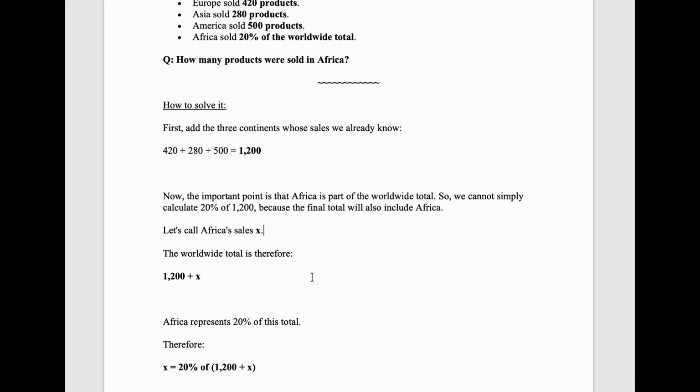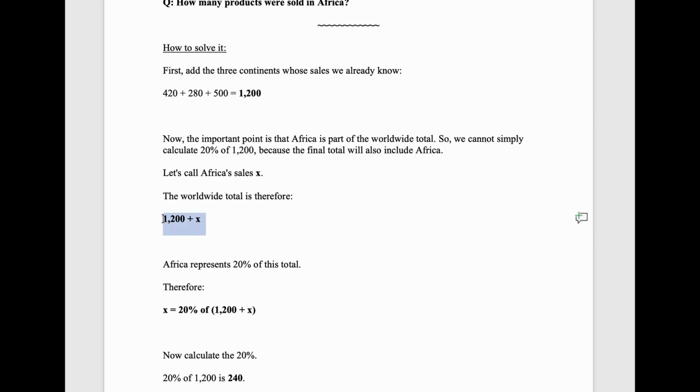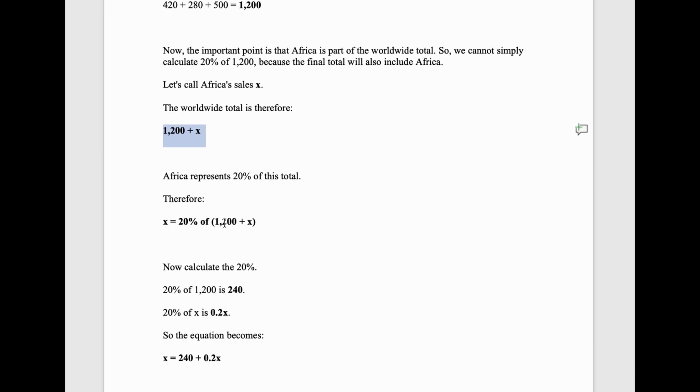So in this circumstance, I would call Africa's sales, Africa's products or items, however you want to call them, X. And the worldwide total would therefore be 1,200, the sum of those 3 continents that we already know, plus X, which represents Africa.